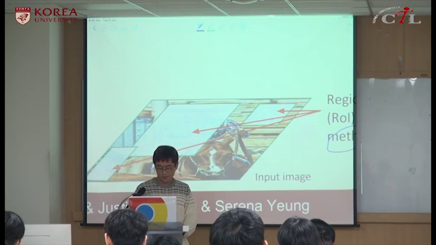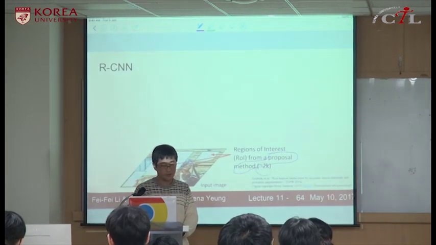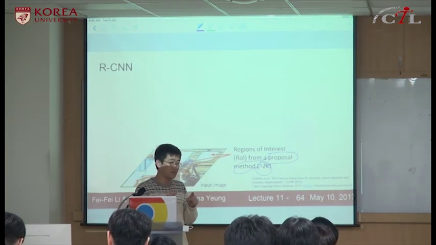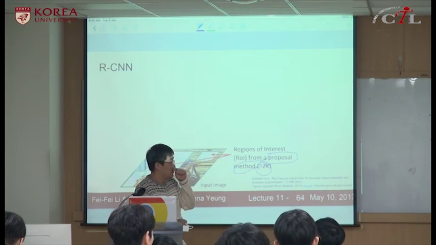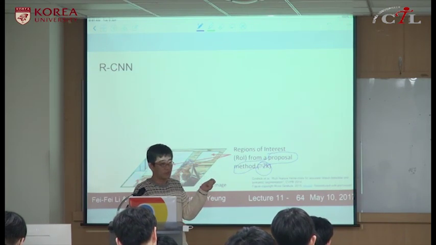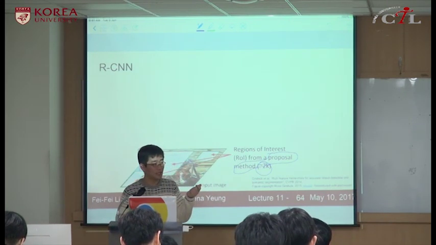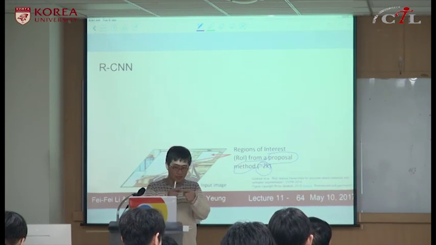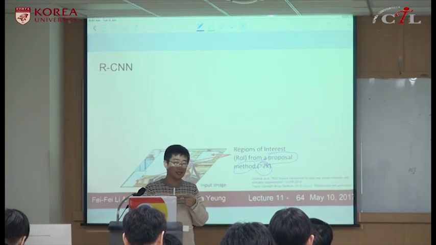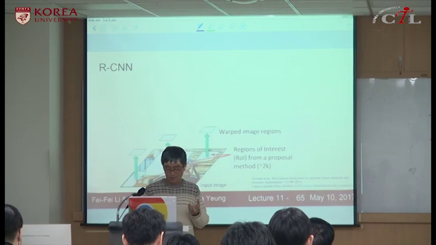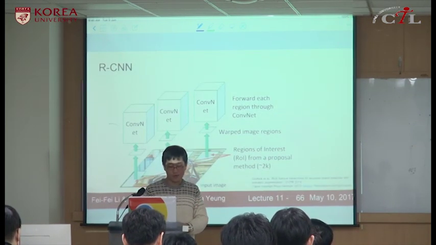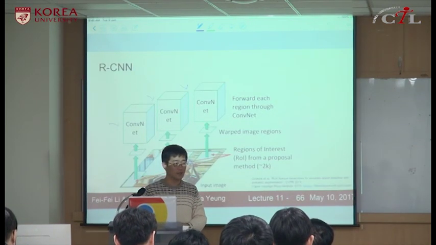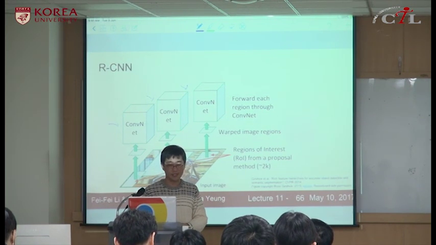Per image, around 2,000 different bounding boxes, or regions of interest, are proposed. And then for each region, we crop that image and go through our convolutional neural net. That is the original RCNN.